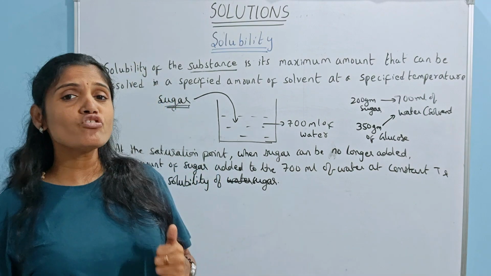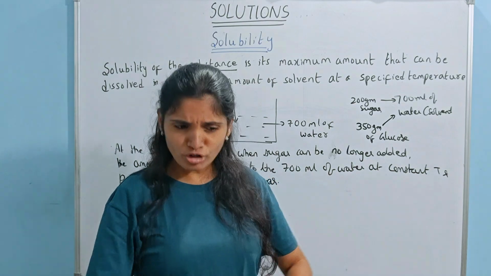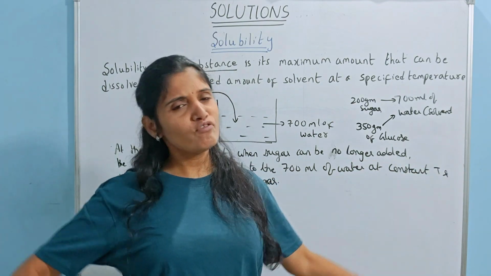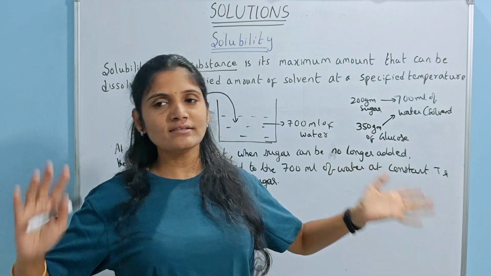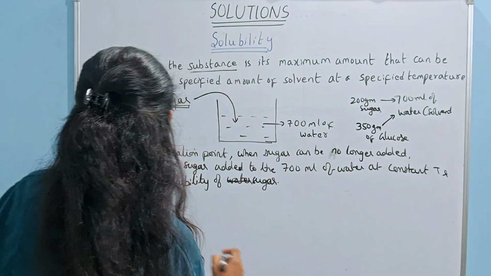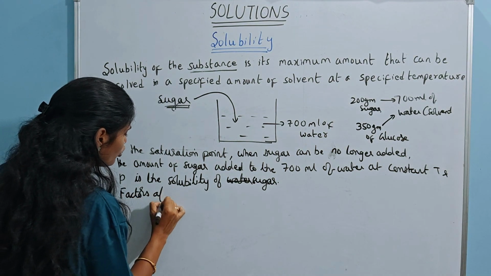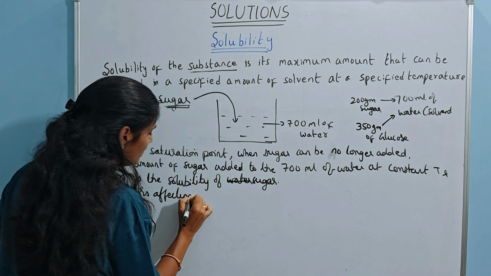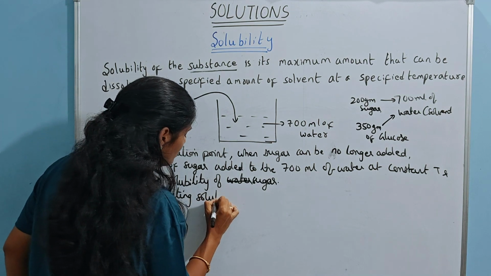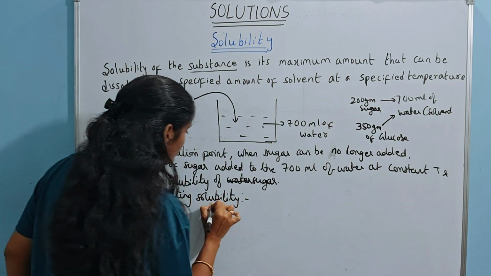Now, if solubility is changing, on what factors does the solubility depend? Solubility is not a fixed thing. If you change certain things in the solution, the solubility also will change. What are those things? For that we can take the factors affecting solubility.